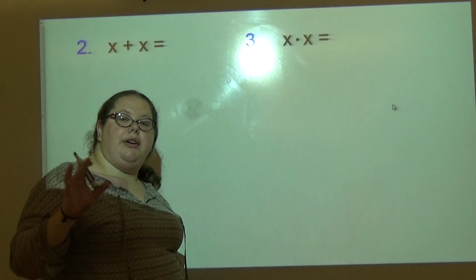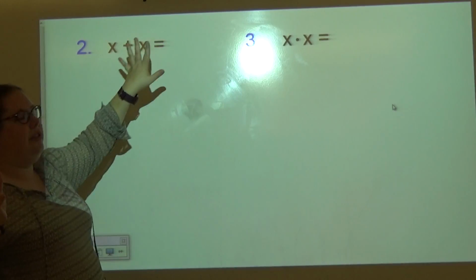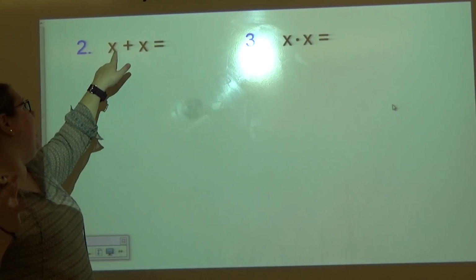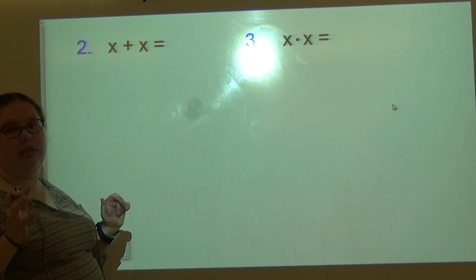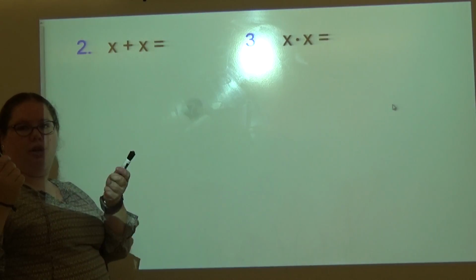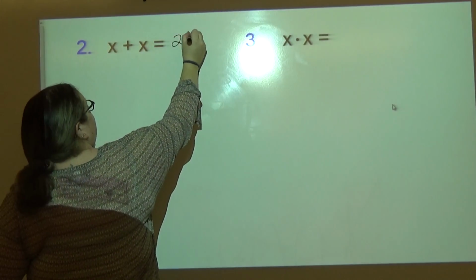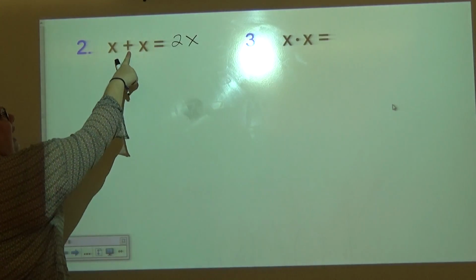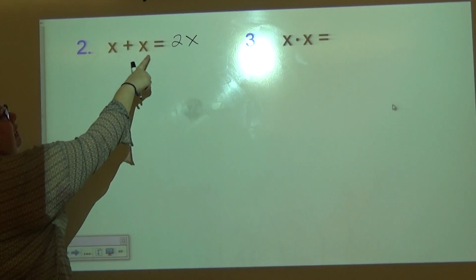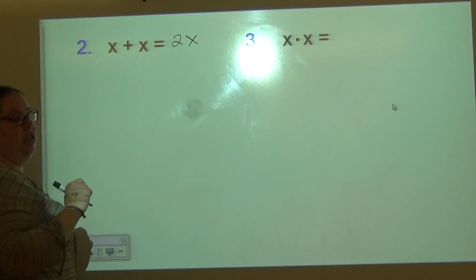Alright, so now here's an issue that comes up a lot in school where students confuse these. x plus x. Well, think about it. If I have a marker plus a marker, what do I have? 2 markers, 2x. Because remember, when you're adding, it's really multiplication. 2 times x is repeated addition.